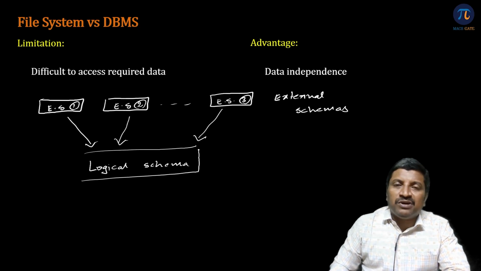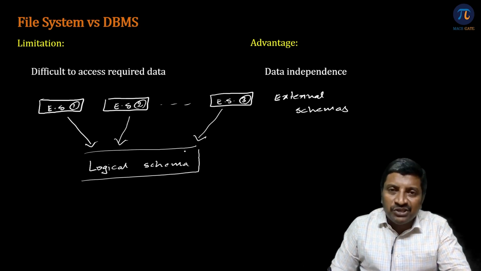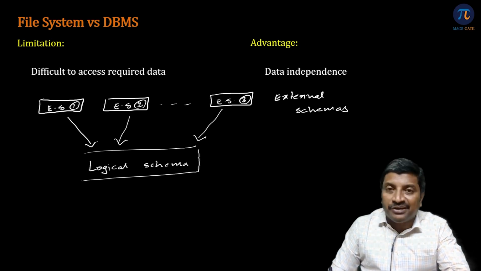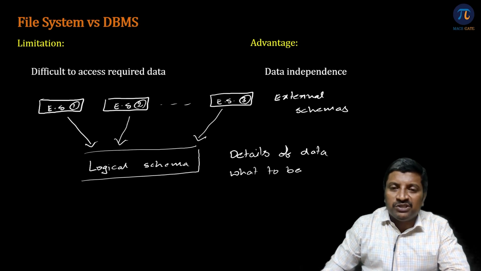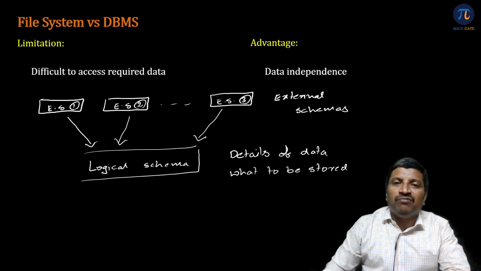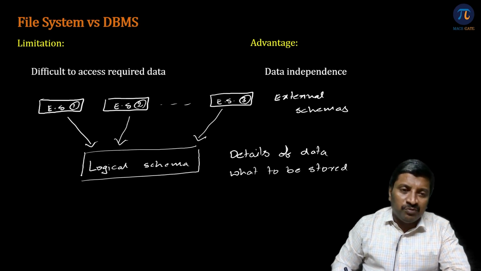What is the responsibility of the logical schema? In a logical schema, we define the table name, the attribute names, and the type of the data which we are storing in that particular table. So we give the details of the data, what is to be stored in my database.